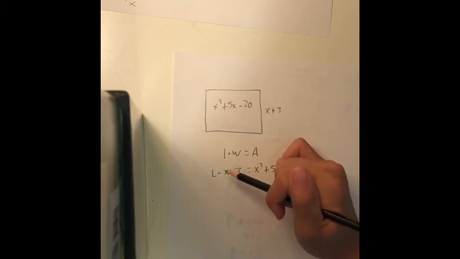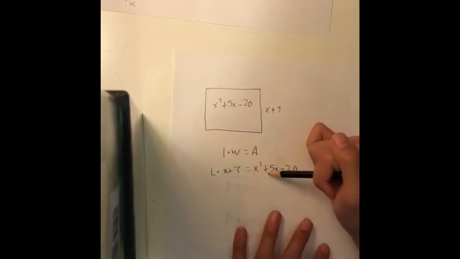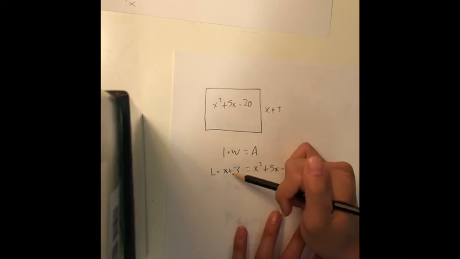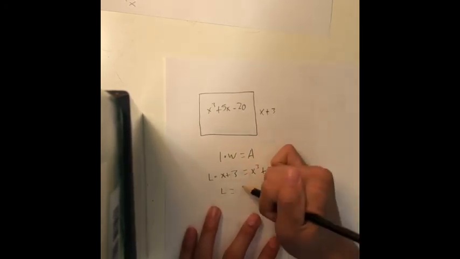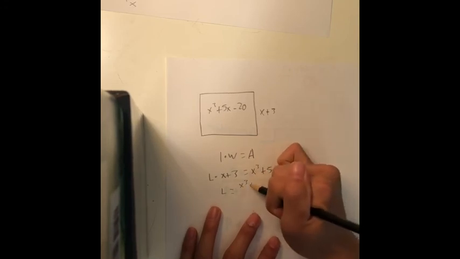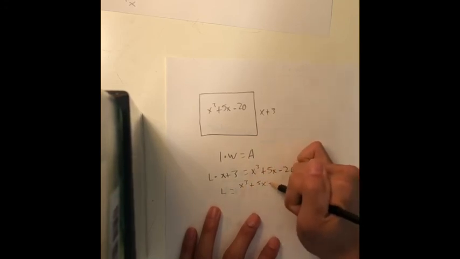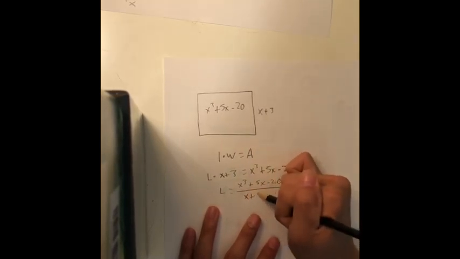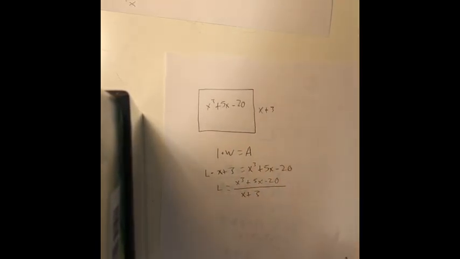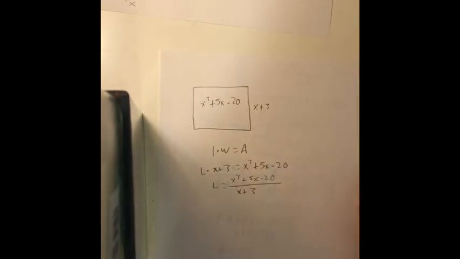And to do that, we're going to divide this half of the equation by x plus 3. And we're going to get L is equal to x cubed plus 5x squared minus 20 all over x plus 3. And for this problem, I'm going to choose to do synthetic division because I feel like it's faster, but you can do whichever method works better for you.